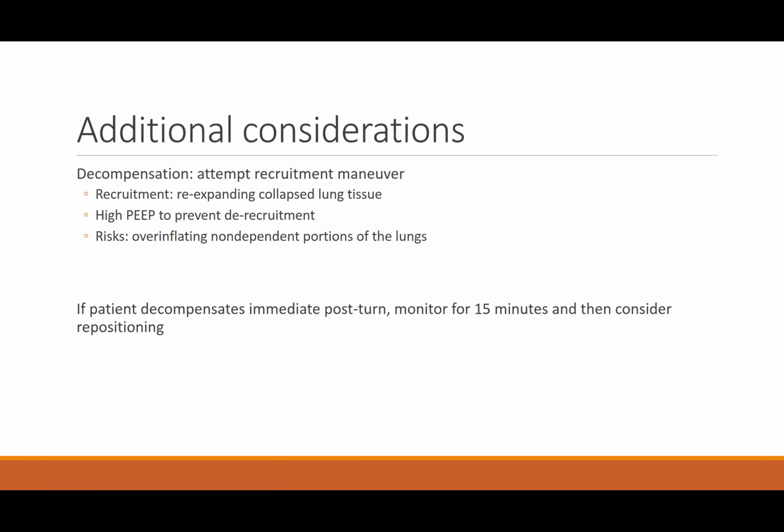As far as these additional considerations, I want to take a minute to talk about what happens when we take a patient who's prone and turn them supine. It is not uncommon for patients who have been proned and then become supined to acutely deteriorate after being supined or in the process of being supined.